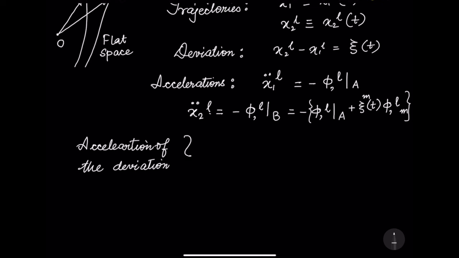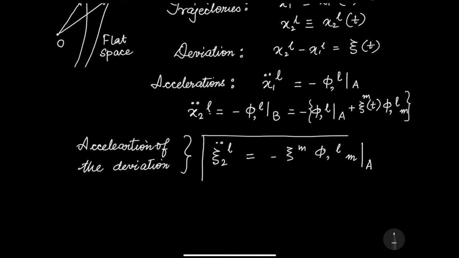So what I mean by acceleration of the deviation is just xi double dot, and we realize that this is nothing but x2 double dot L minus x1 double dot L. So the phi A cancels out, this is just xi m, and then the second derivative of phi. And all this has to be taken at A, remember, that is a Taylor series expansion. This is what I get as the deviation between the trajectories.